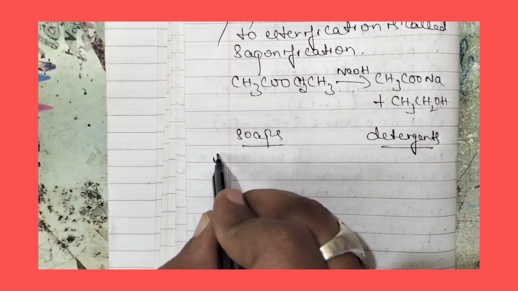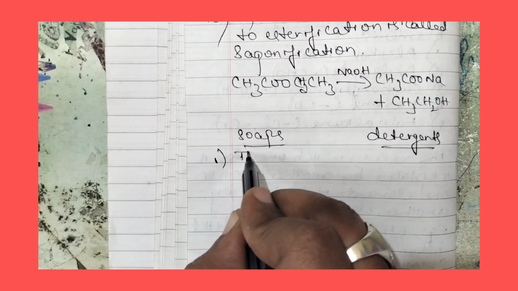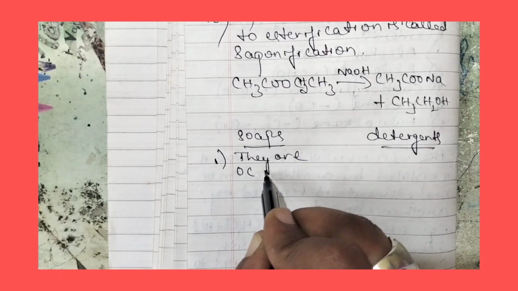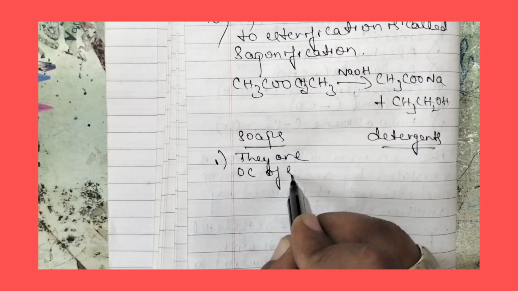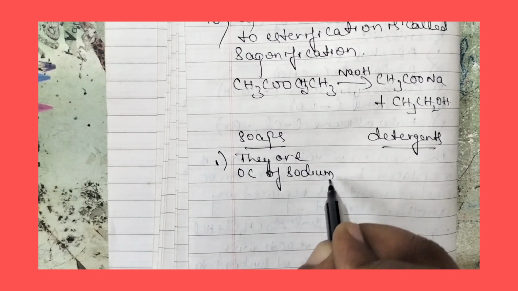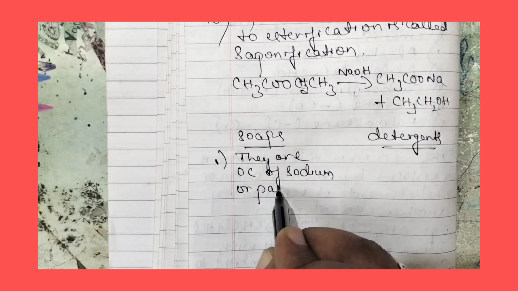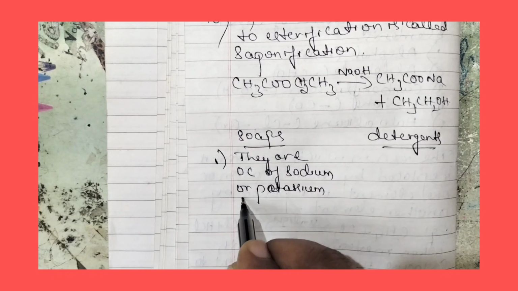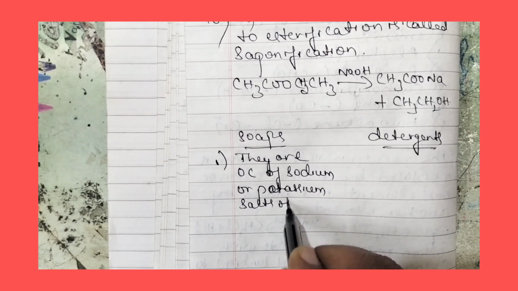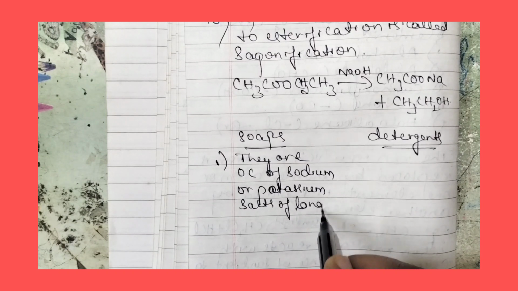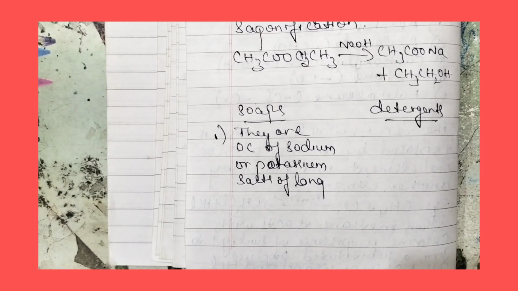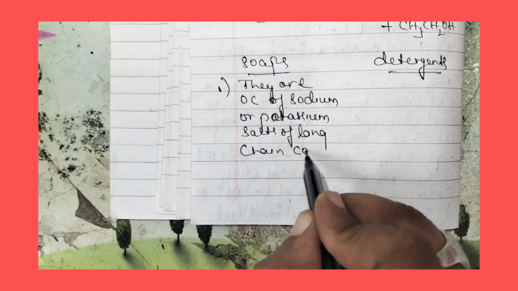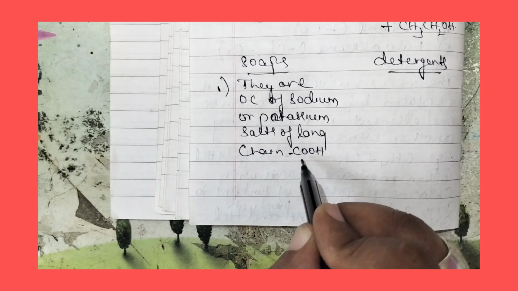The first difference: soaps are organic compounds, sodium or potassium salts of long chain carboxylic acid, that is COOH.